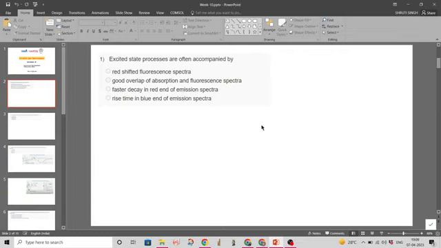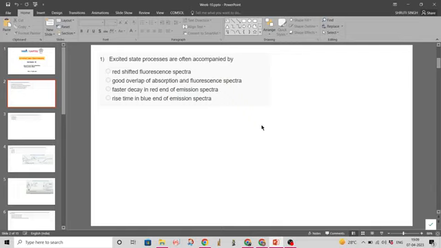So the first question is, excited state processes are often accompanied by redshifted fluorescence spectra, good overlap of absorption and fluorescence spectra, faster decay in red end of emission spectra, and rise time in blue end of emission spectra.